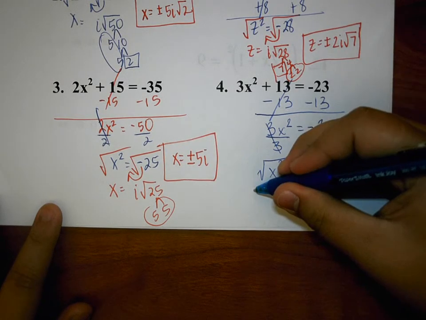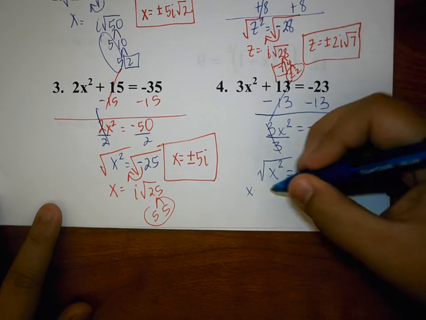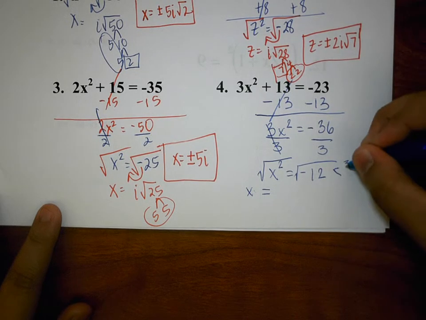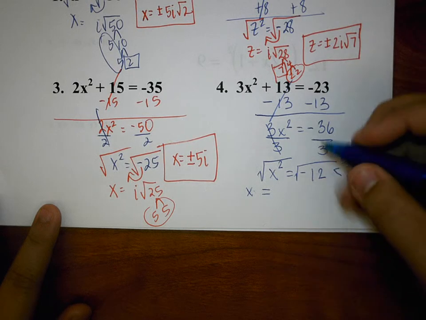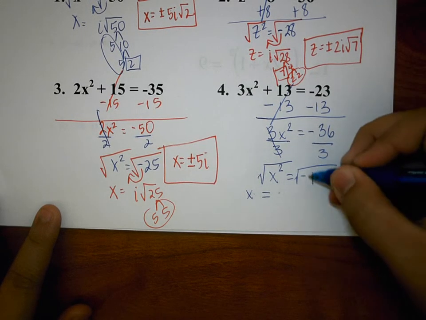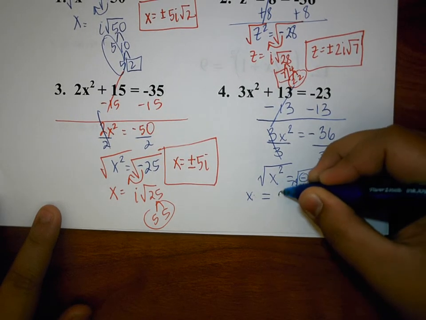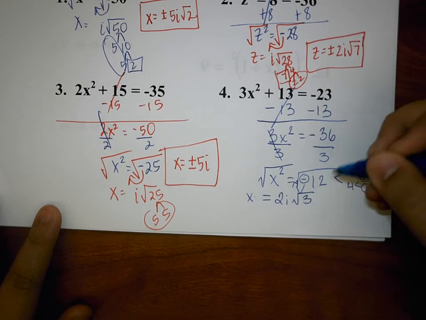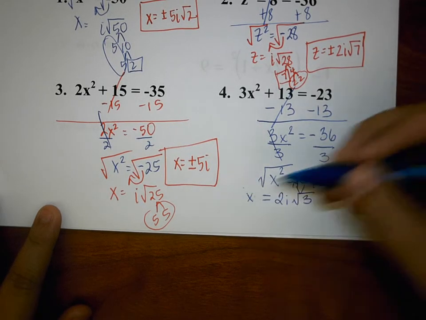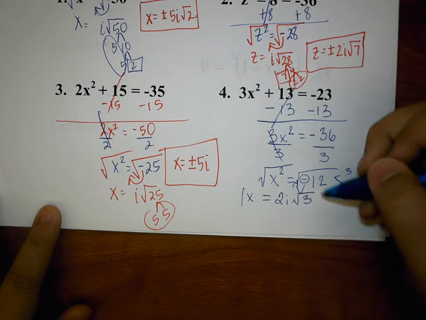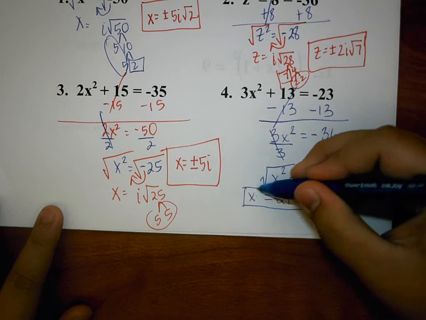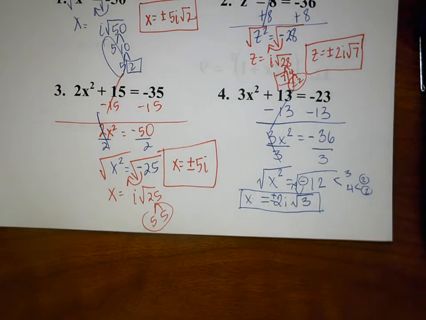The square root of x squared is x. She is breaking 12 down, so she ends up with a pair of 2s and a 3 left over. She's also going to take that negative out and make it an i, so she gets 2i root 3. And then she remembers that anytime she takes the square root of something, the answer is plus or minus. Perfect. Good job, Leslie. Thank you.